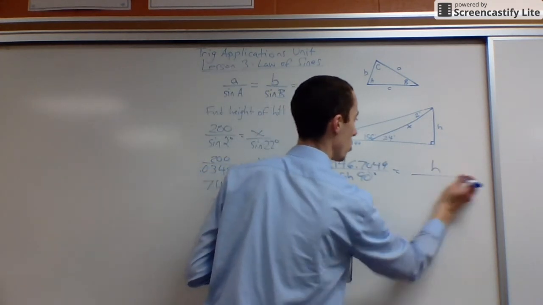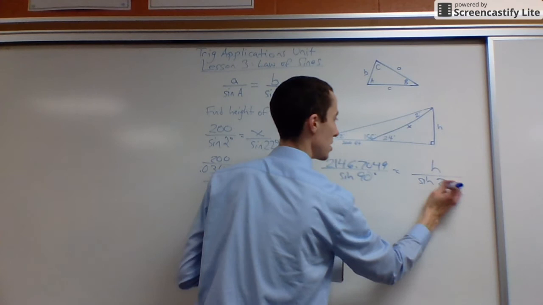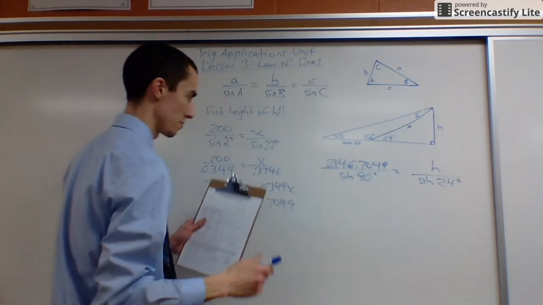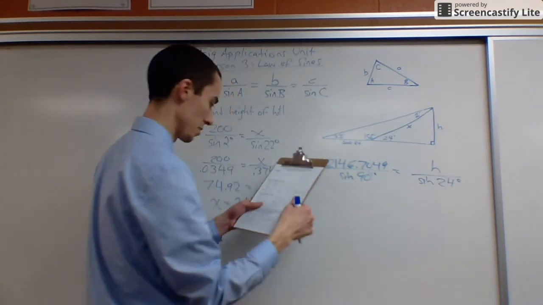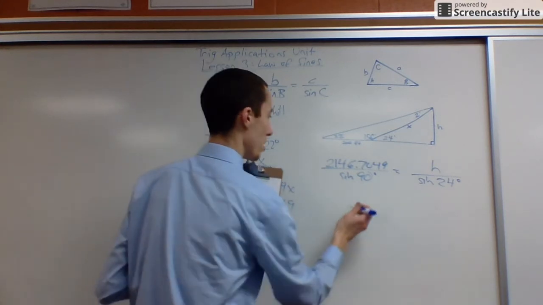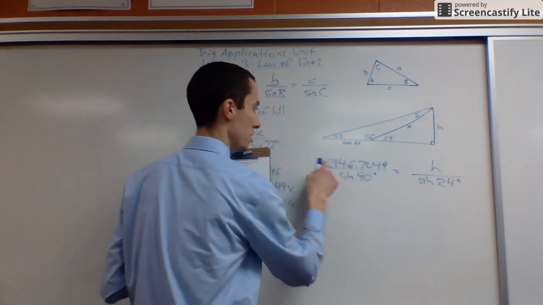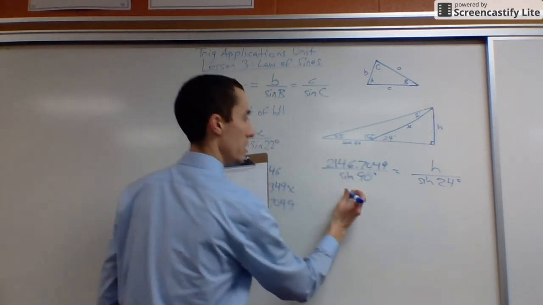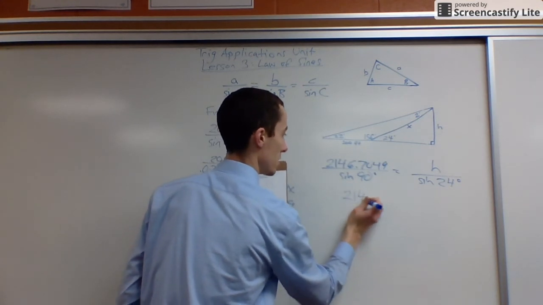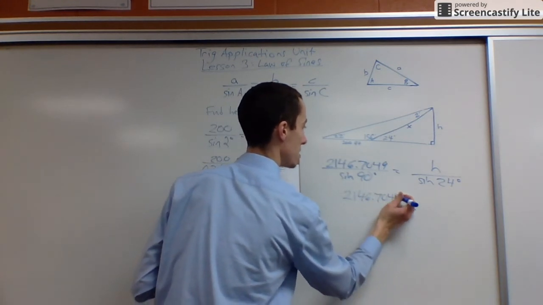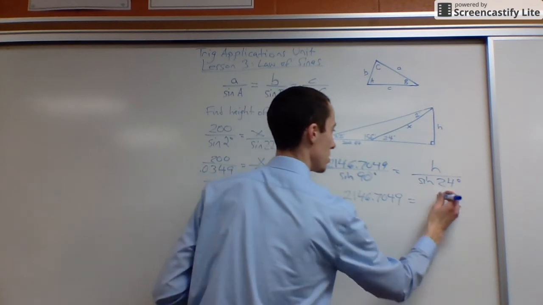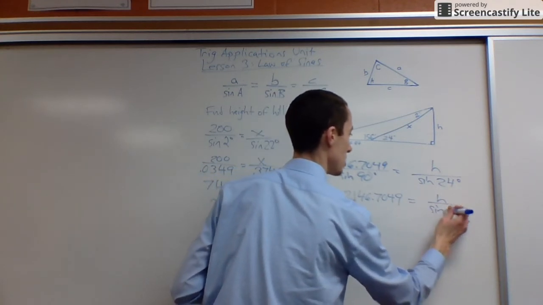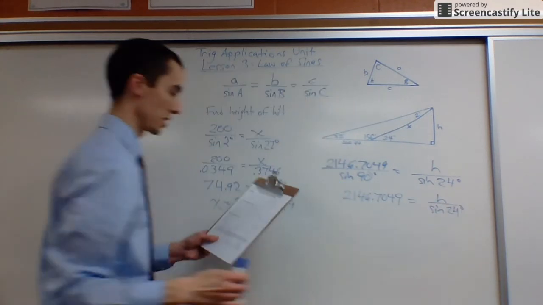So h over sine of 24. Now, sine of 90 degrees is 1. So this divided by 1 is this, equals h over sine of 24 degrees.